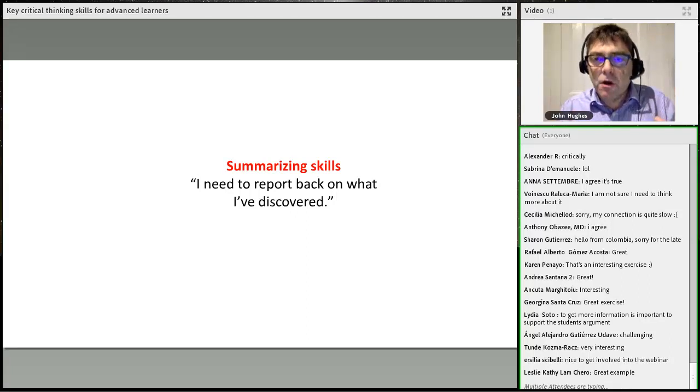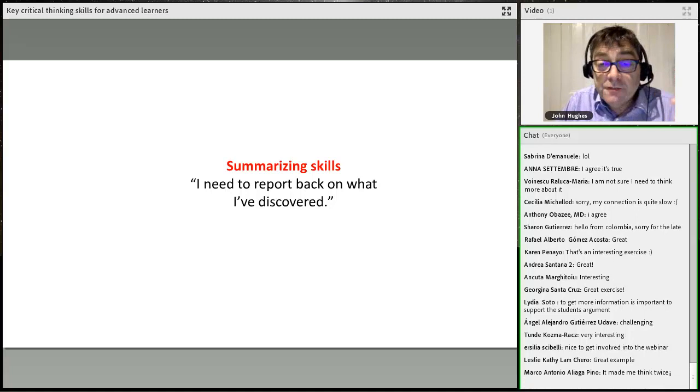But with summarizing, it's much more demanding for advanced students because you're getting them to decide what is important information. There's a couple of exercises you can do to get students familiar and to develop this skill, okay?